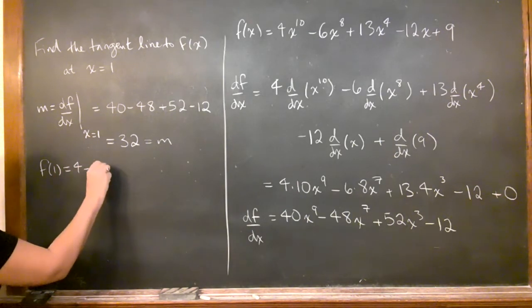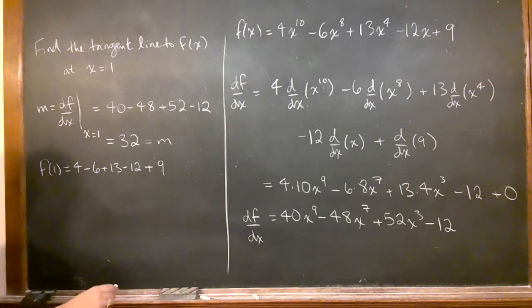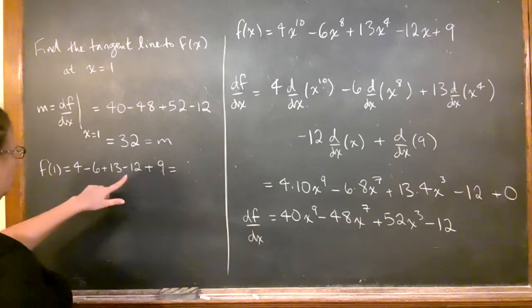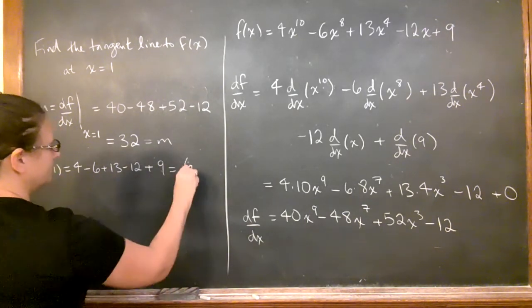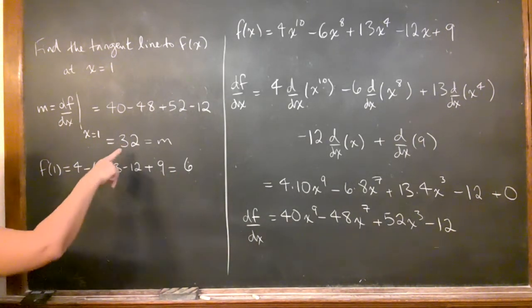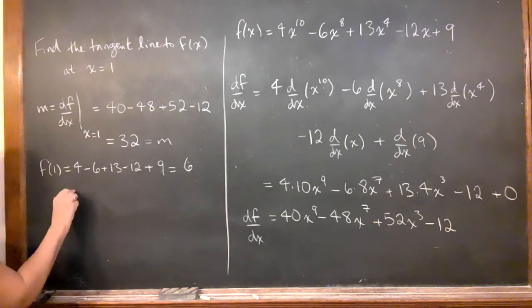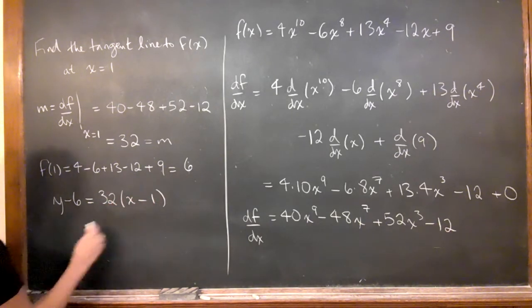4 minus 6 plus 13 minus 12 plus 9. So what do I have? Minus 2 minus 1 plus 9, so 6. Okay? So then I want a line of slope 32 going through the point 1, 6, right? So I get y minus 6 is 32 times x minus 1.